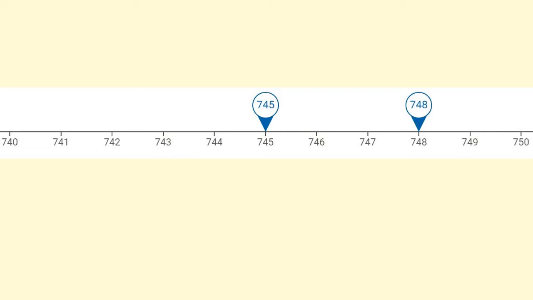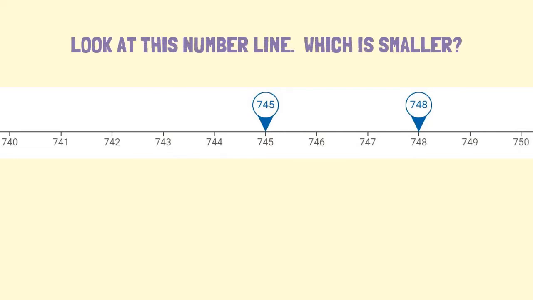Okay, look at this number line. This is example 1 I give to you. So the question is, which is smaller, 745 or 748? First, look at the number line. From the left to the right, you see the numbers 740, 741, 742, 743, and so on until 750.